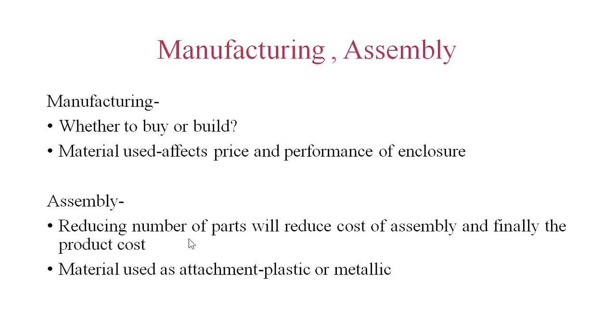So we have to select the material depending on the application of the product, where that particular product is used, and which type of enclosure is to be used. Plastic is useful for small enclosures. For larger cabinets, metal such as steel or aluminum is used. We have to select the material depending on the application, and also on its weight, strength, and rigidity. According to that, we select the material for the enclosure.